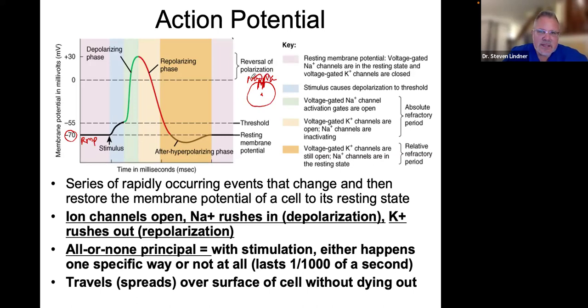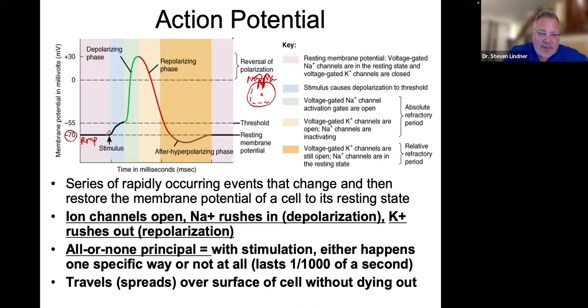And because Na plus is a positive charge, when that starts to move inward a little bit, even though we have a negative charge inside, it starts to become a little bit more positive.